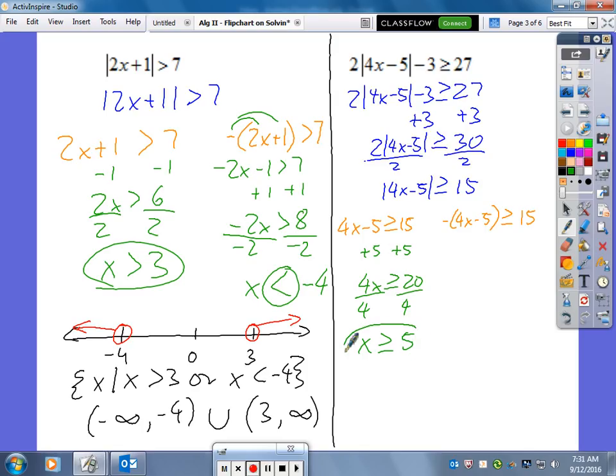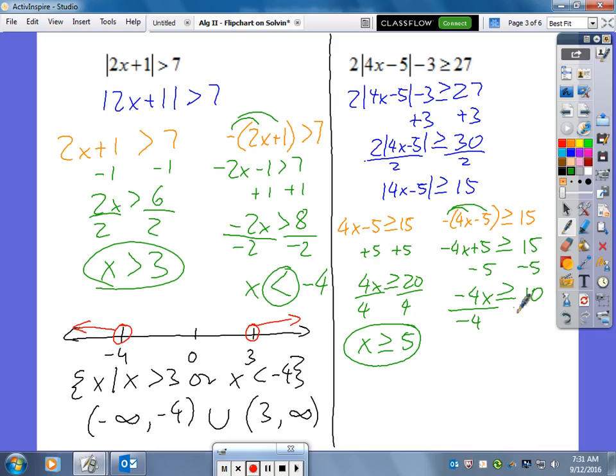This is one of our solutions. And let's move to the other side. Distribute our negative sign. Negative 4x plus 5. 2 minuses make a positive, remember. Subtract 5. Negative 4x is greater than or equal to 10.